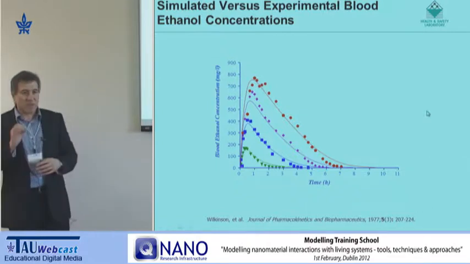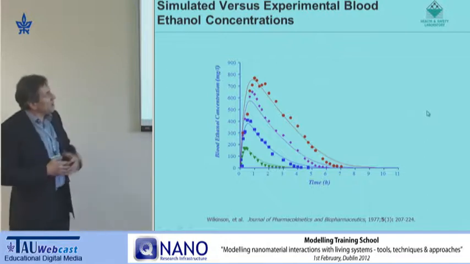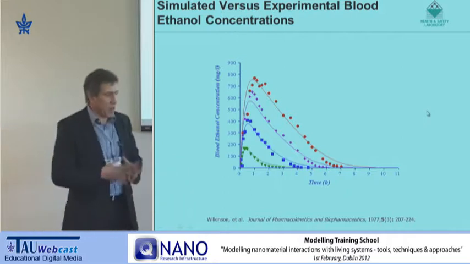And the symbols are measured concentrations, venous blood concentrations of ethanol. The solid lines are our model predictions of that experiment.